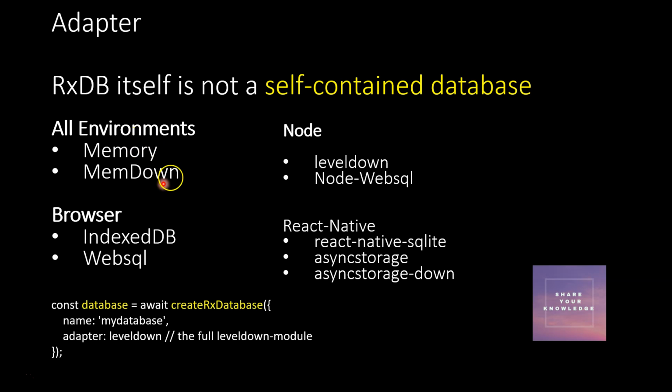So once the JavaScript application dies, this data also will die. In the case of the browser, you can use IndexedDB, which you will see present when you open the application. It saves the data in IndexedDB when you provide this adapter. Or you can also use WebSQL, which is deprecated. In the case of Node, you can use leveldown or node-websql.